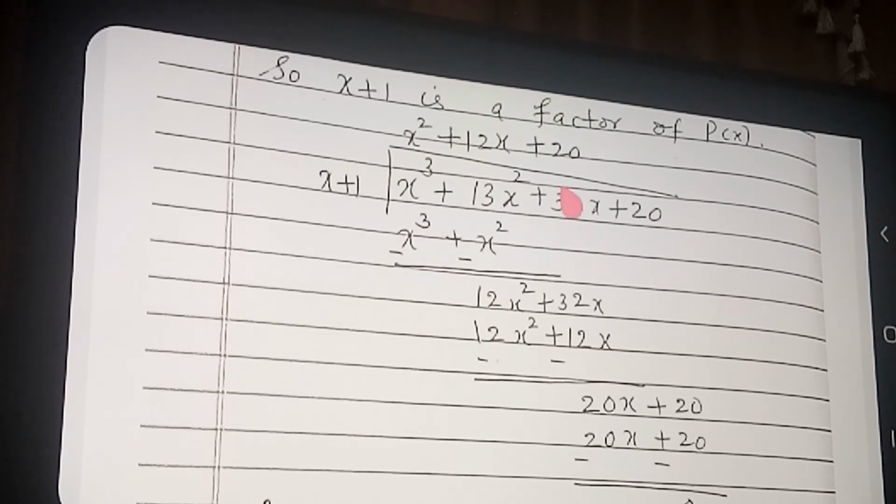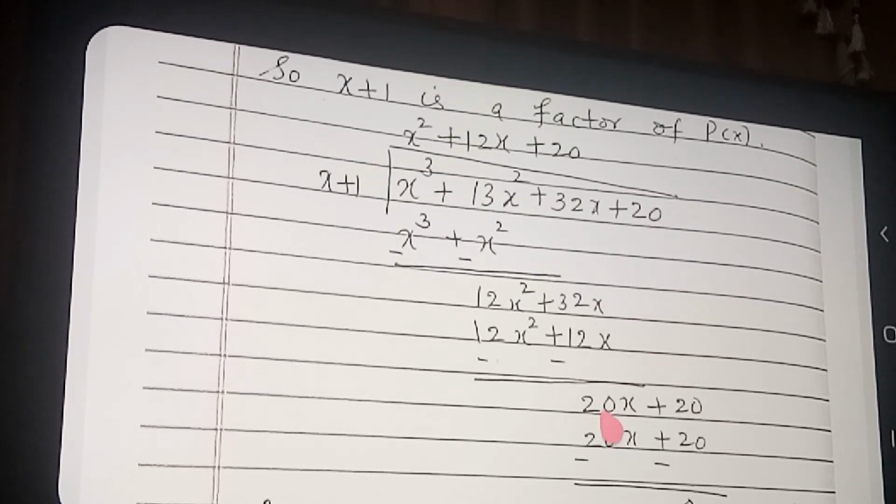12x square, bring down the term. Okay, first term by first term, 12x into x, 12x square; 12x into 1, 12x. So change the sign, 12x square cancelling, 32x minus 12x, 20x, and bring down this 20.